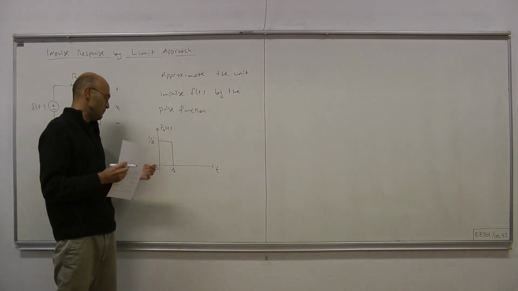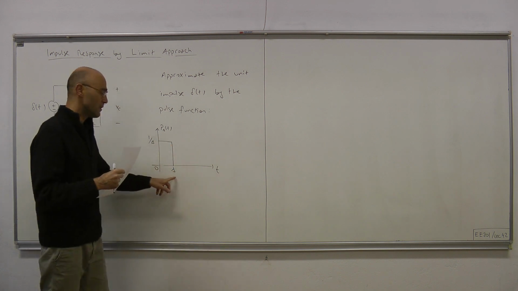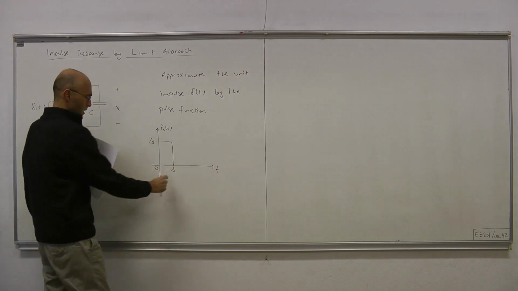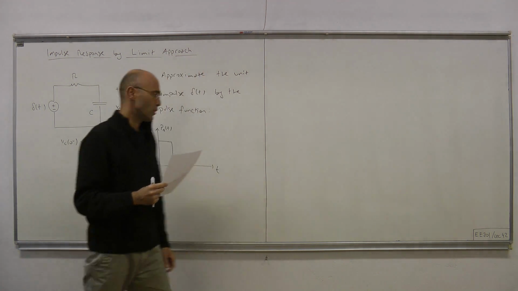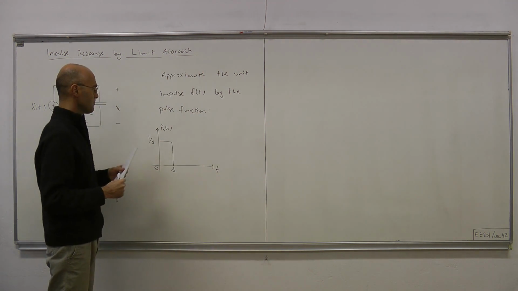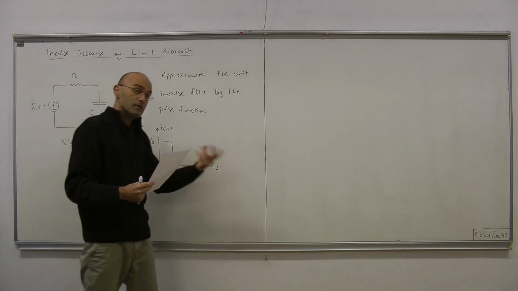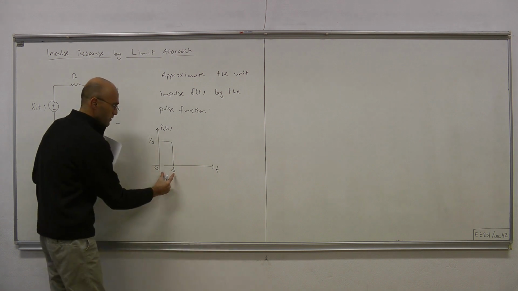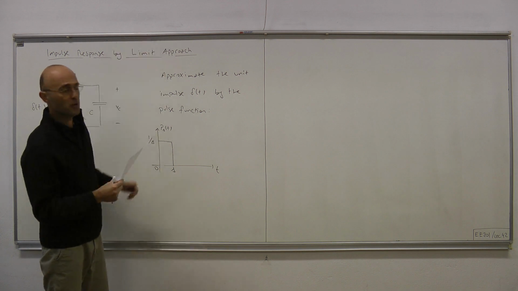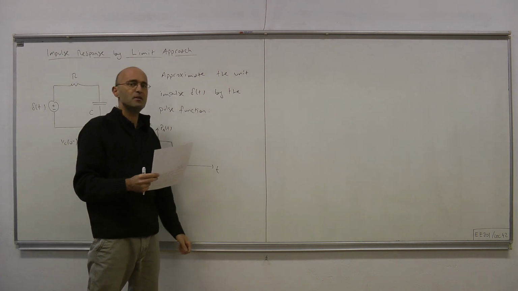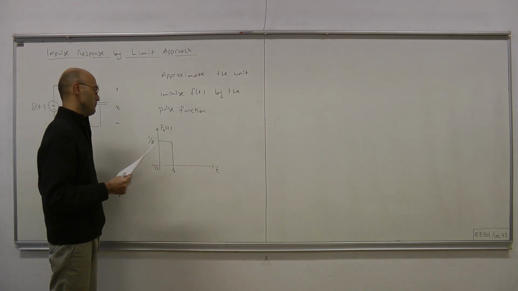The area is such that no matter what Δ you choose, it's always 1. Therefore, the width and the height must always give the product of 1. So this is the pulse function. As Δ becomes smaller and smaller, as you squeeze the width further and further, 1 over Δ has to increase, so the height becomes larger and larger, and in the limit this becomes the impulse function, the delta function.